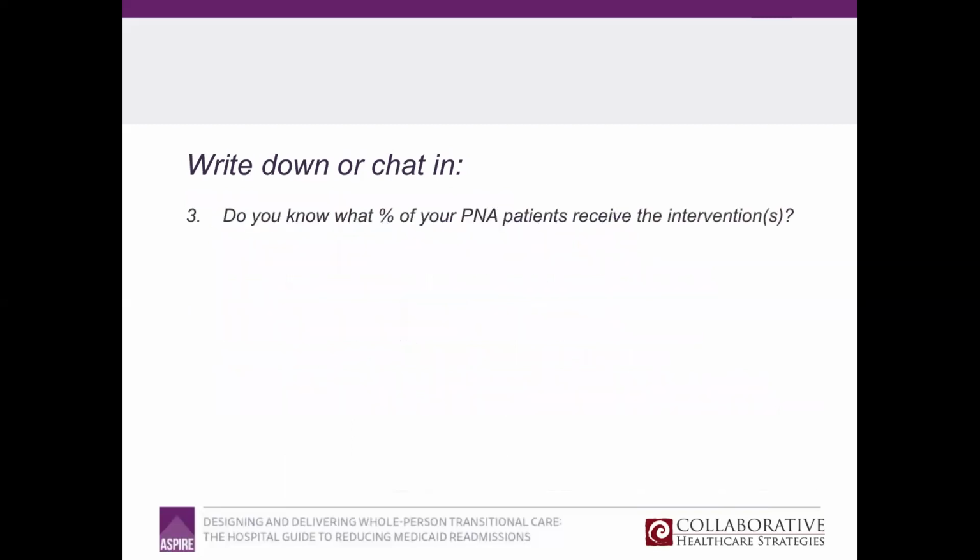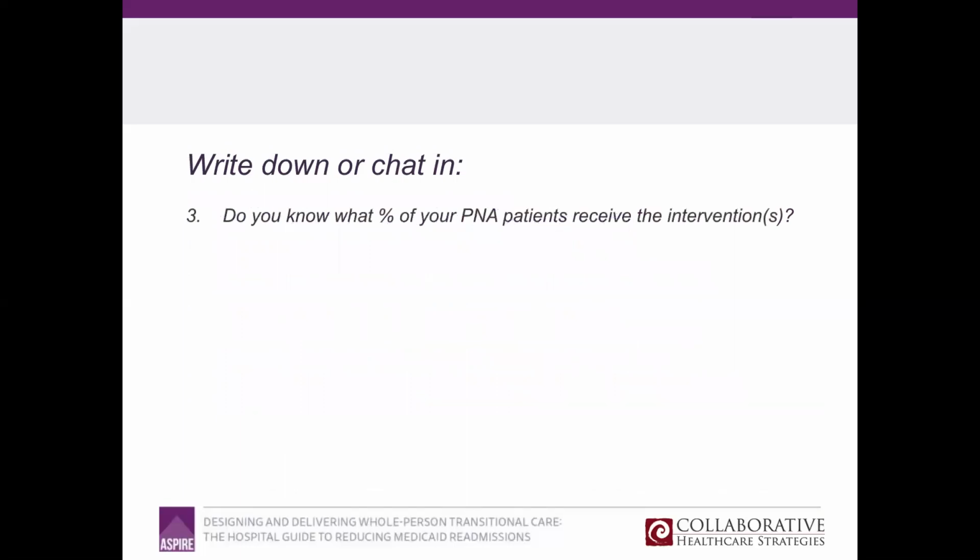Okay, question number 3. Do you know what percent of your pneumonia patients are receiving the intervention? So this is whatever you've already chatted in: the right antibiotic, making sure patients can afford and get their antibiotics, doing follow-up calls, making follow-up appointments. Kelly, thank you so much for chatting that in.